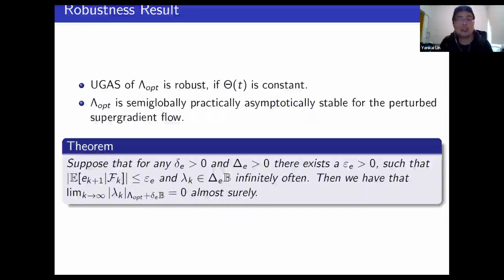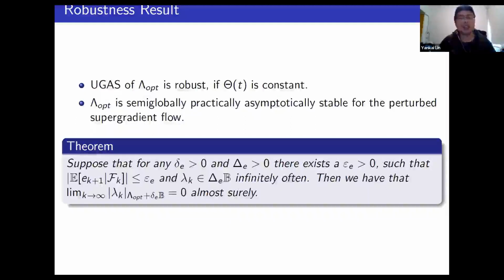This notation means a ball centered around the origin with radius big lambda E. And this lambda k is contained in this set infinitely often. Then we have that when k goes to infinity, so again, k is the global timer, the distance between lambda k and the neighborhood of lambda opt, whose size again depends on delta E, goes to 0 almost surely as k goes to infinity.